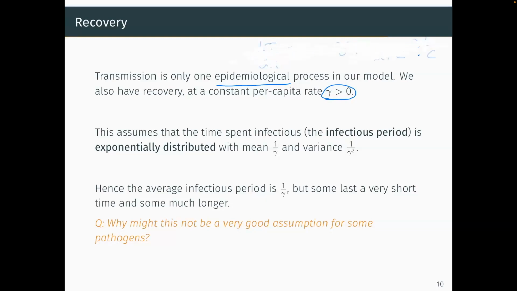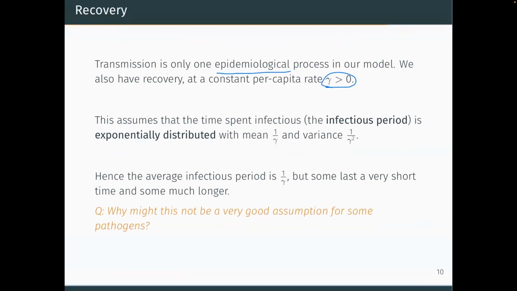So this also tells us then that the average time spent infectious, average infectious period, is going to be 1 over gamma. So if we think about lots and lots of individuals in the population, we could plot, not much space on this graph, but I'll do it here.